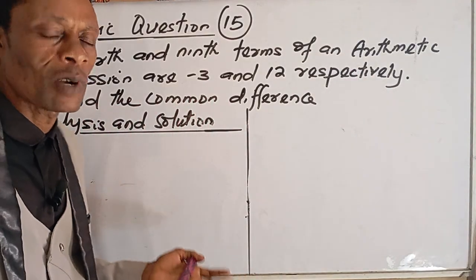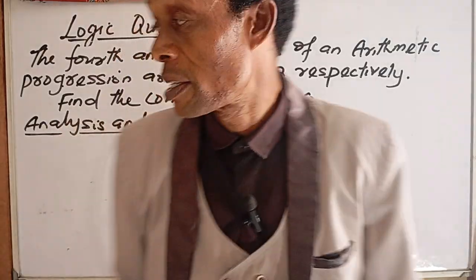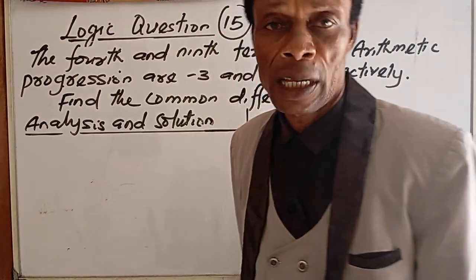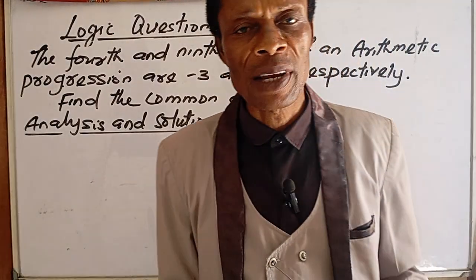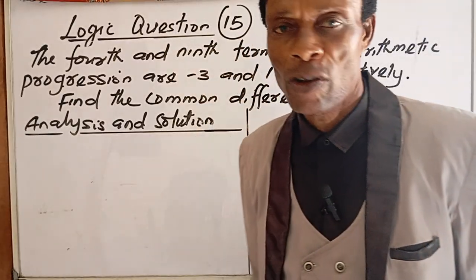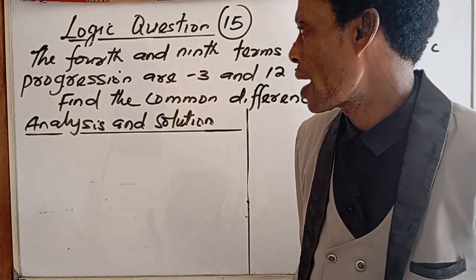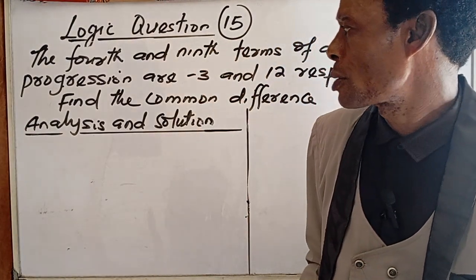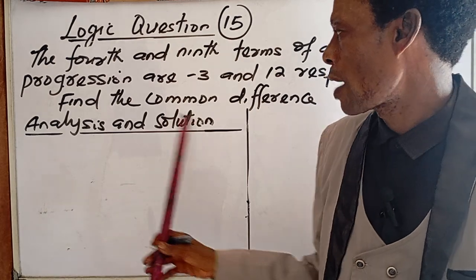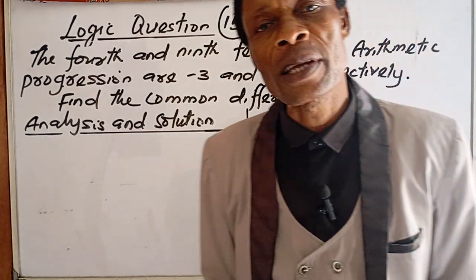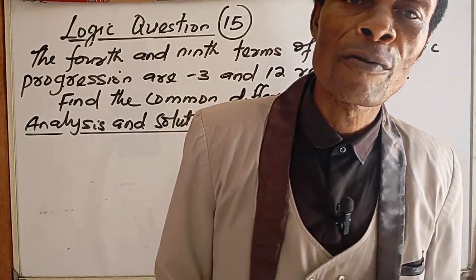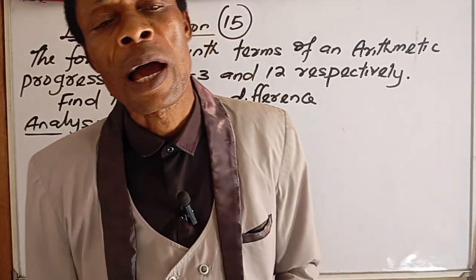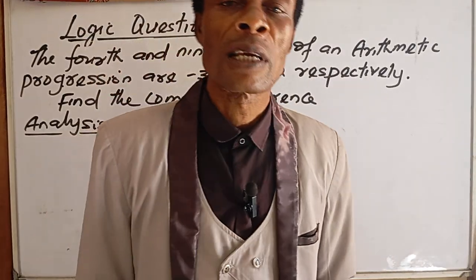Okay, so this question is from the topic we call AP and GP, that's arithmetic progression and geometric progression. You can see the question requires us to find the common difference. An AP is a kind of sequence that involves what we call the first term and the common difference.